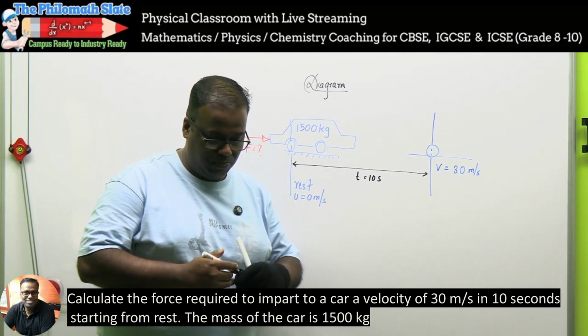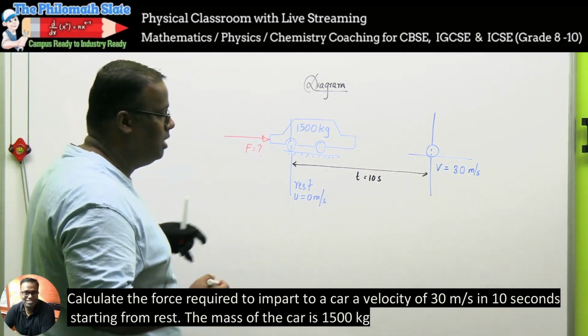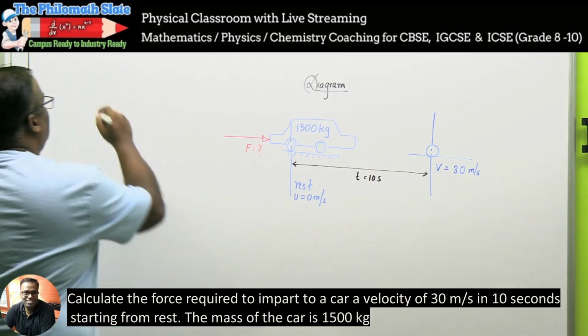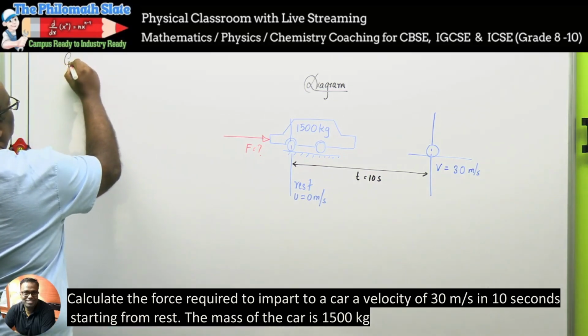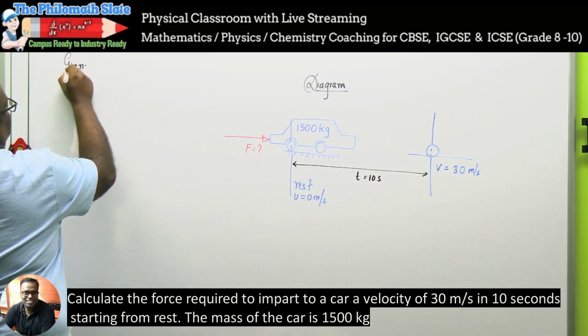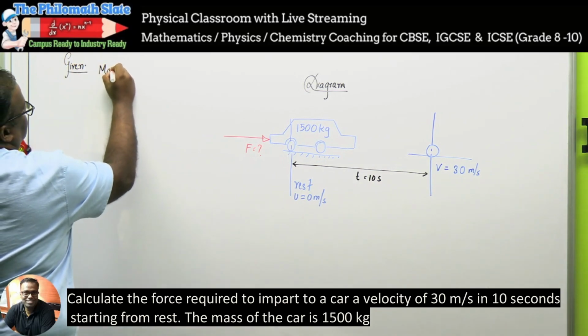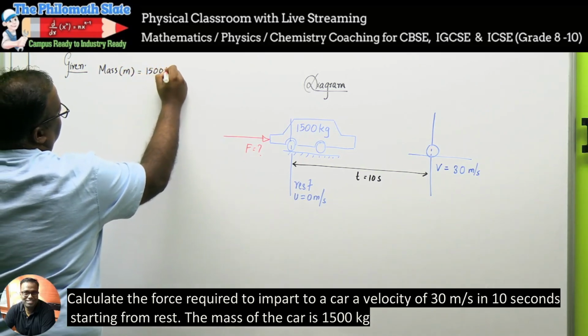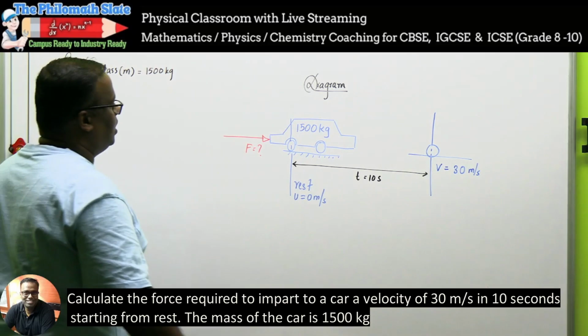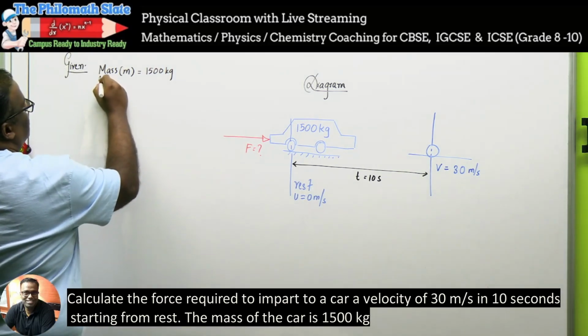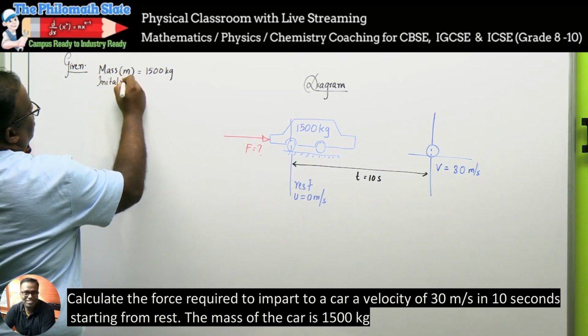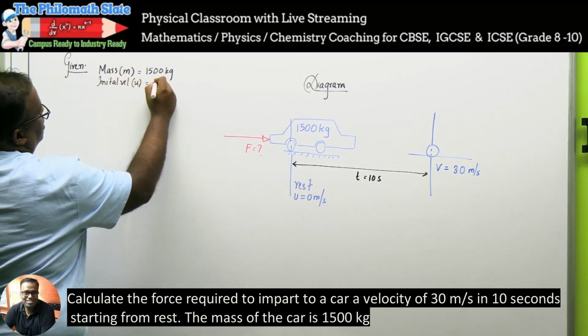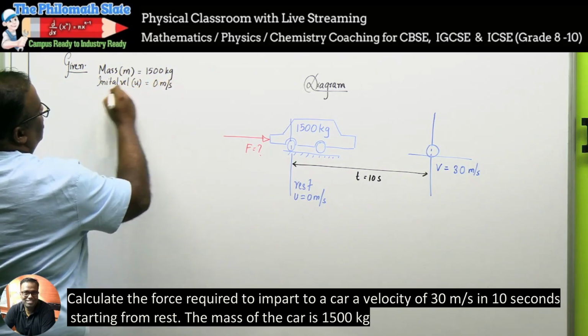Right? So are we in a position to do this problem? Let's see. As usual, we would first write what is the given data. First we'll write mass m equal to 1500 kg. Then initial velocity u is equal to 0 meters per second.